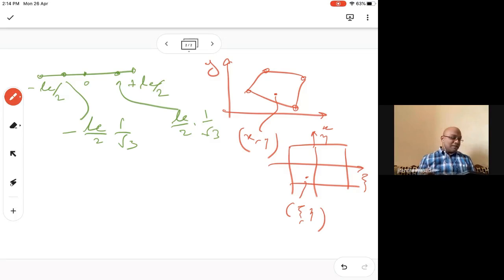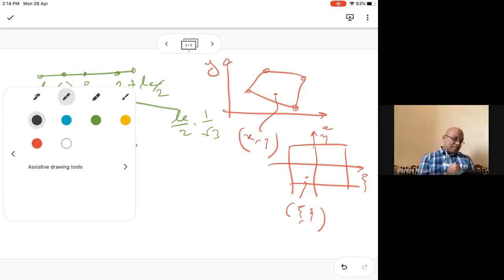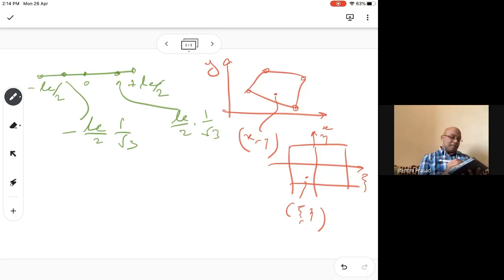One way, which I think is the simplest, is this: since this is bilinear, if you see x as a function of xi and eta, we write it like this.